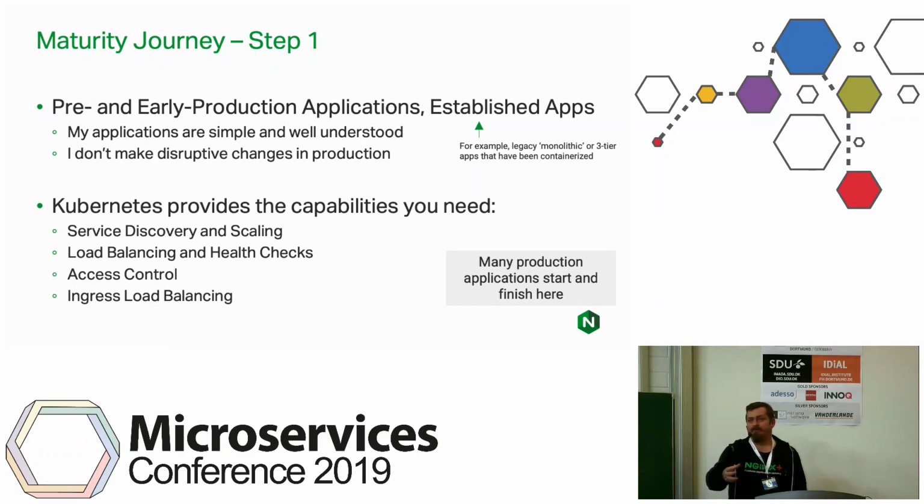This is a very typical model when you have a monolith, but you're containerizing that for scalability and for replication purposes. In this case, do I need a service mesh? No, not really. Kubernetes native tools do this brilliantly: service discovery and scaling, load balancing and health checks, access control, and ingress load balancing. These are all Kubernetes features, and other orchestrators as well, for that matter.